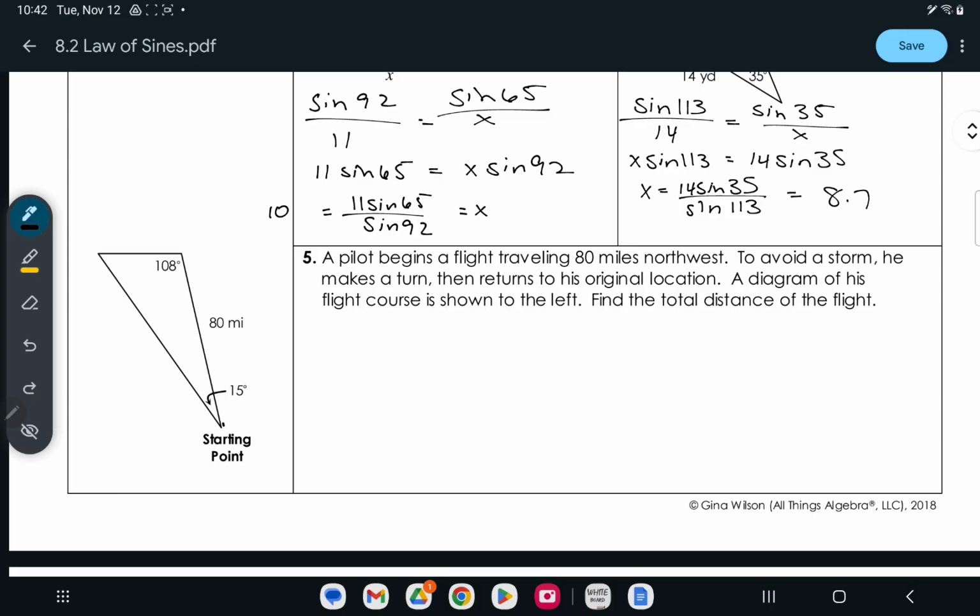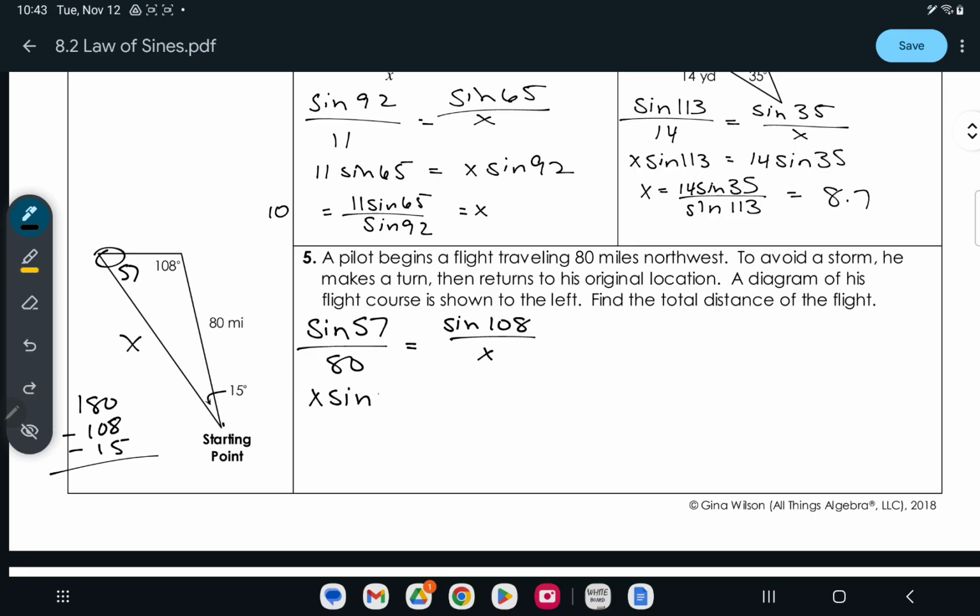So I need to add, basically I think it's the perimeter. Let's see, I need this angle here. So 180 minus 108 minus 15 gets me 57. So sine of 57 over 80 is sine of 108 over x.